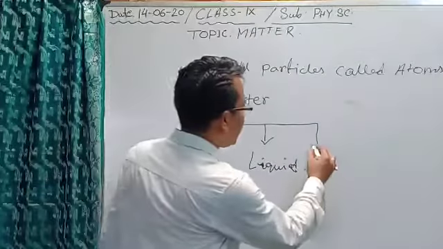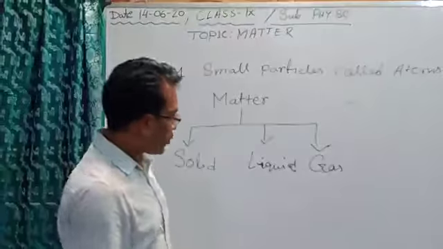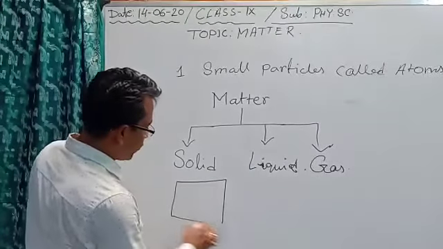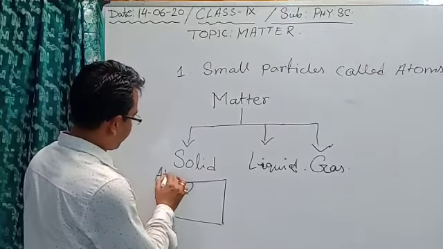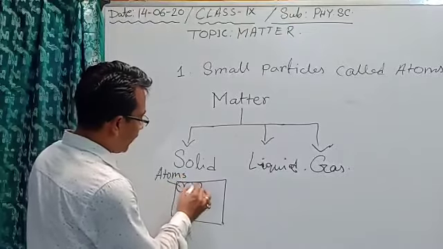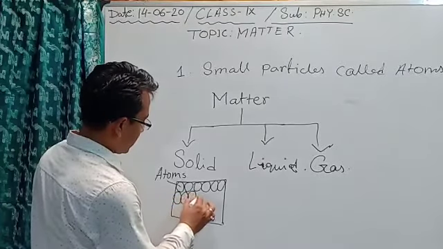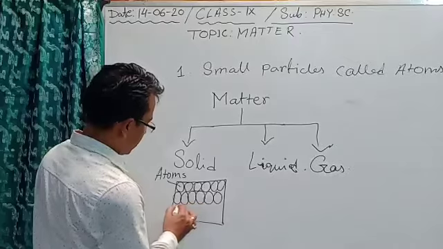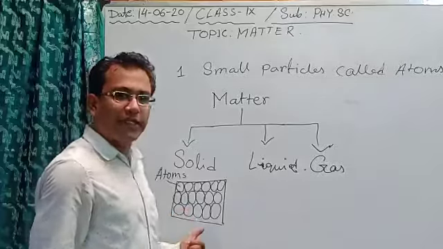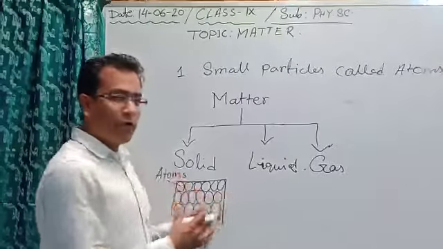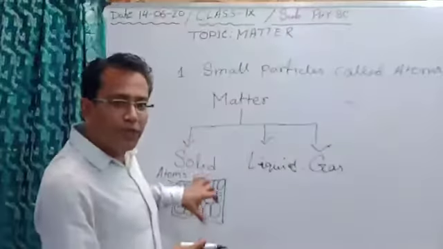And the most space, that is gas. So if I take this scenario, solid, here if we consider atoms in solid, atoms are like this. They are composed very closely to each other. That is why it has a fixed shape.